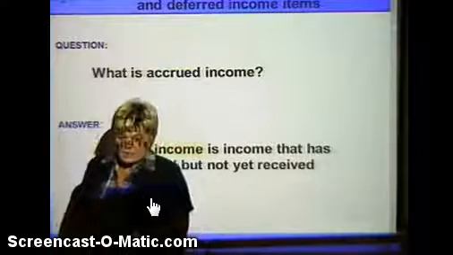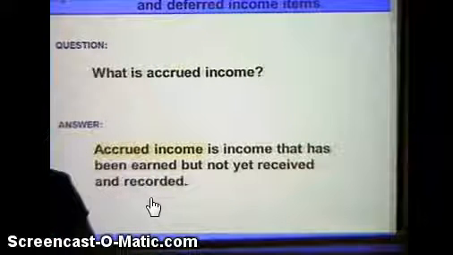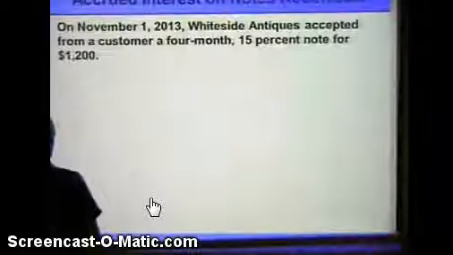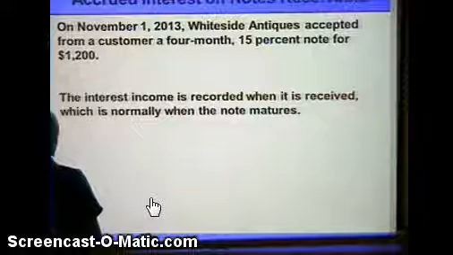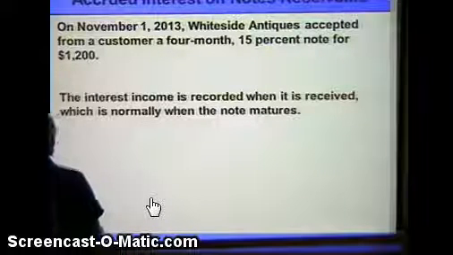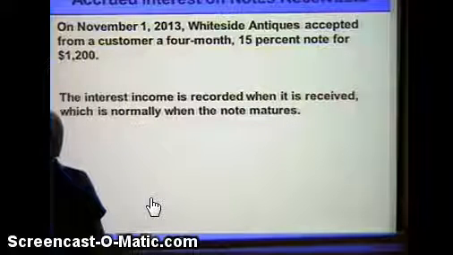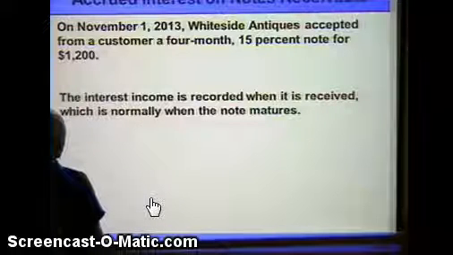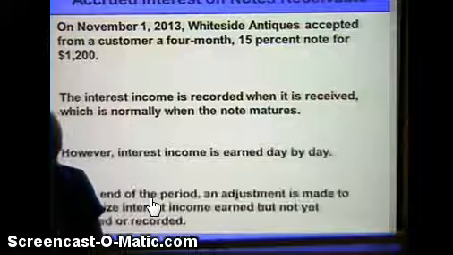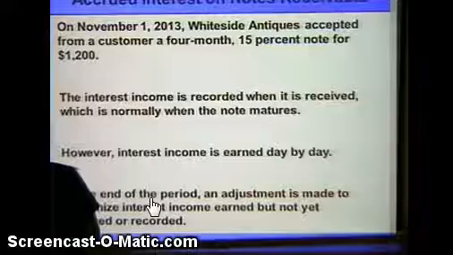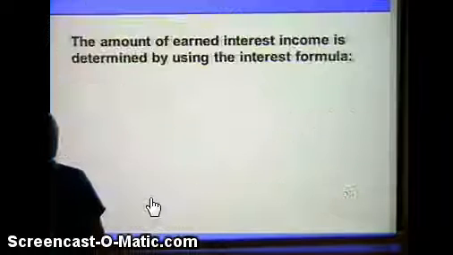Same thing. Okay. So if we accepted notes receivable, interest income is recorded when it is received, which is normally when the note matures. However, we earn that interest on those notes day by day, so we have to show it as income day by day, or month by month.